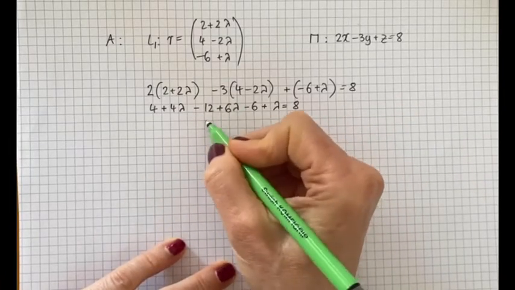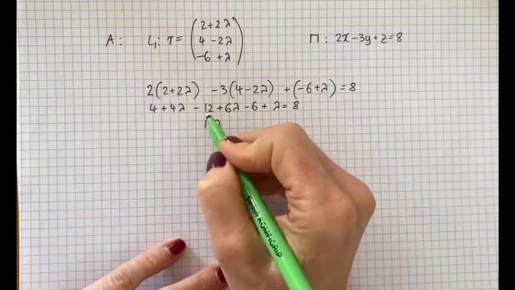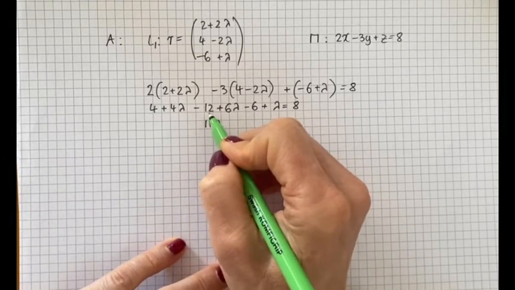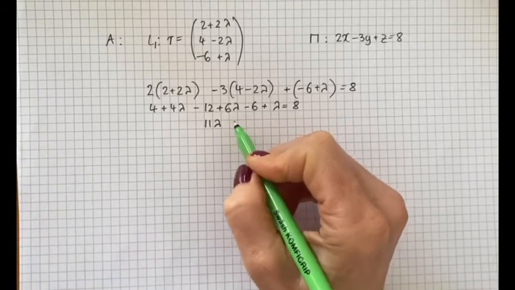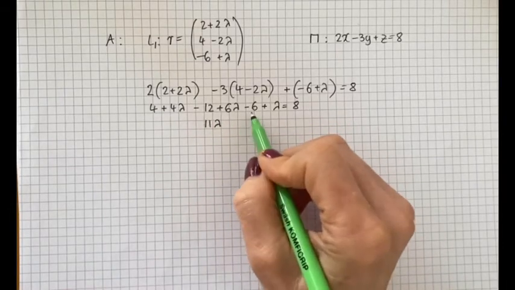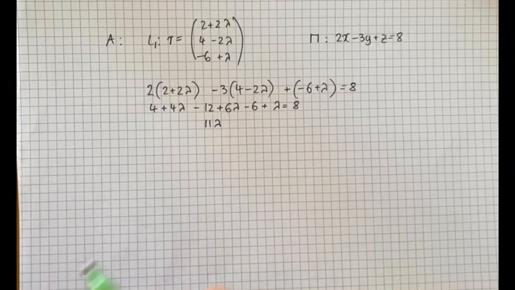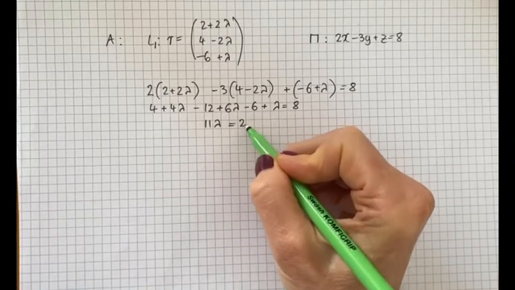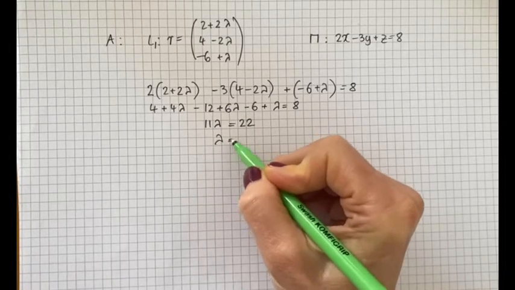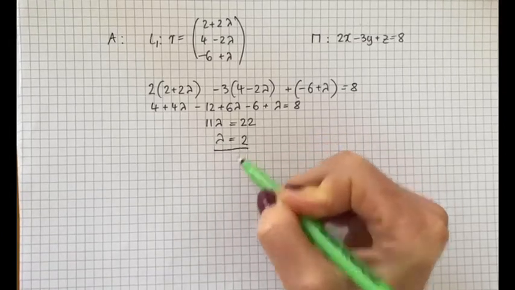So what have we got? We've got 11 lambda, and it's 4 minus 12 minus 6, so it's going to be minus 14, and 8 on the other side. It's going to be 22. That's a nice number. 22 over 11 is 2.